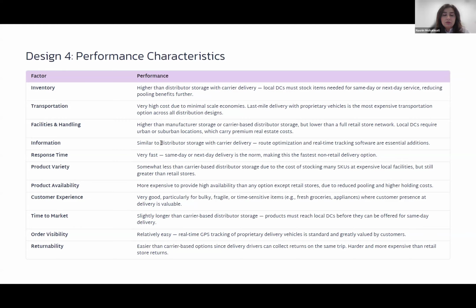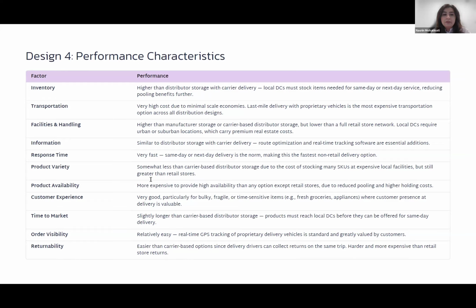Information will be similar to the past. Still, we need to track, so we need information to be shared with everyone in the supply chain. In terms of customer values, response time will be very fast, promising the same day delivery is available now with the system.